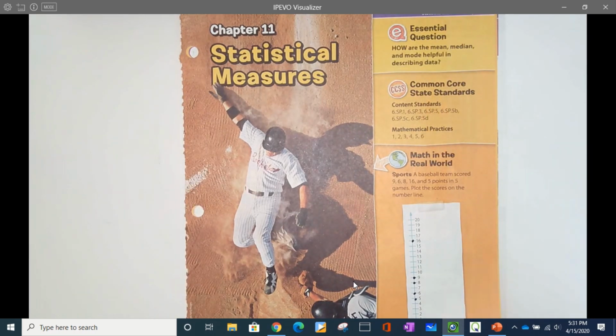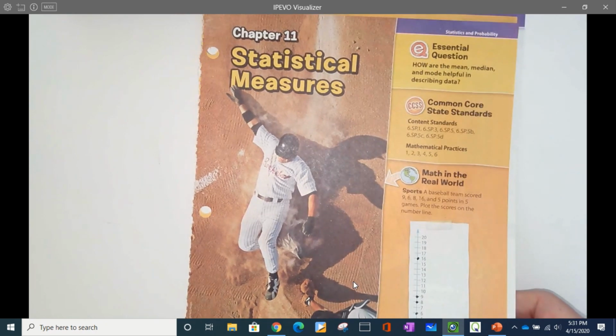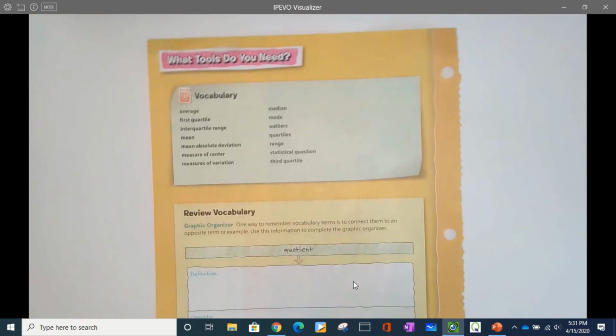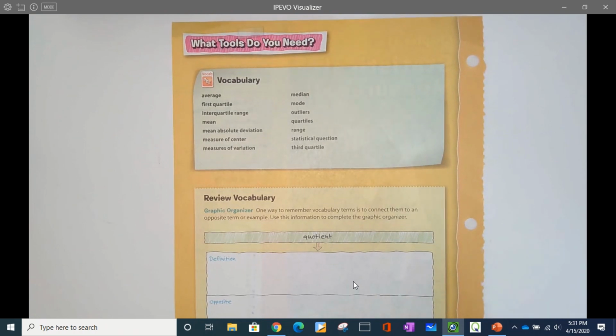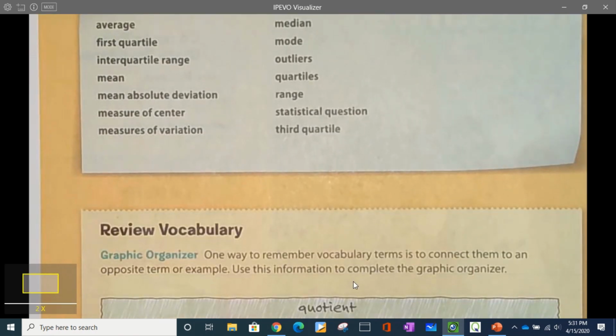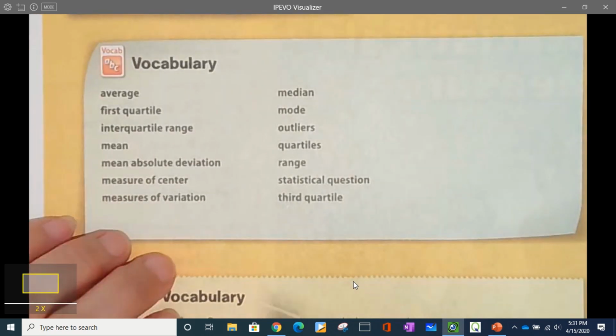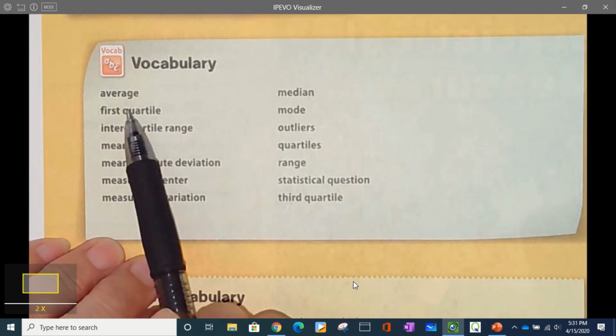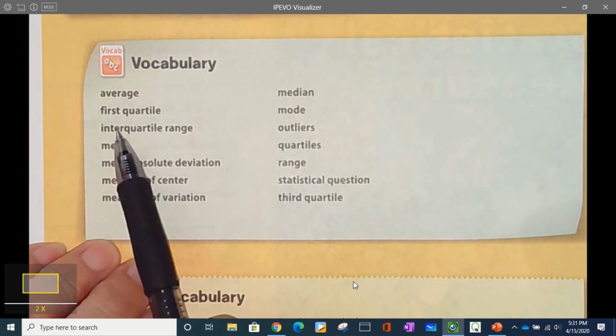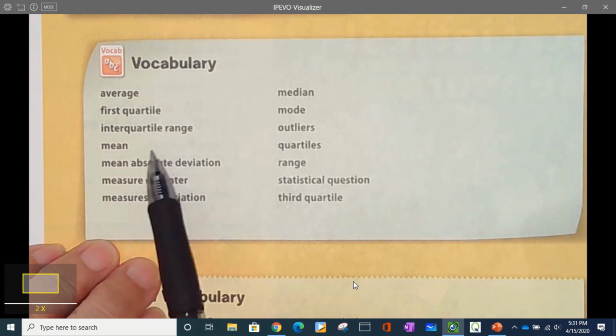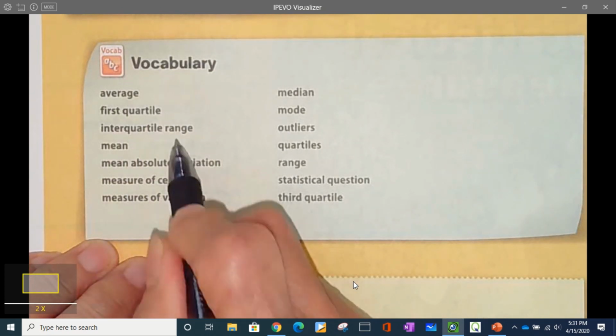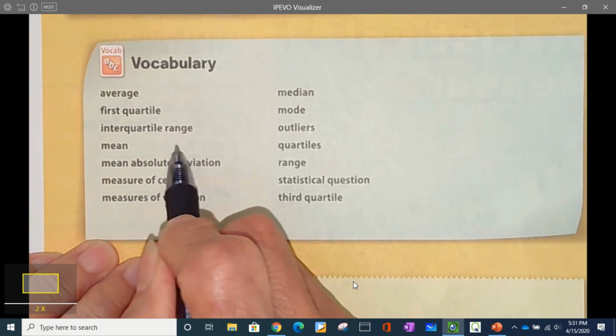So I'm going to turn this page here. We're going to talk about some vocabulary. Let me make this go forward, see if it allows me to. There we go. So in this chapter, we're going to have the average. We'll have quartiles. We'll have interquartiles.